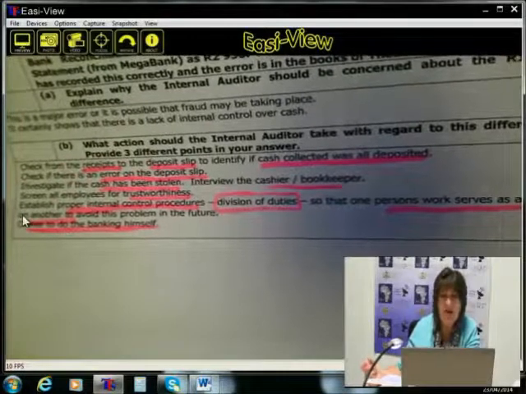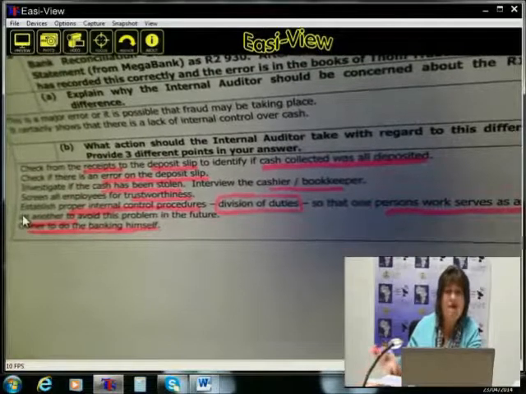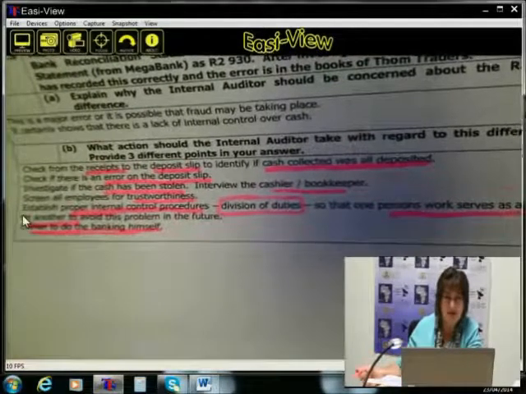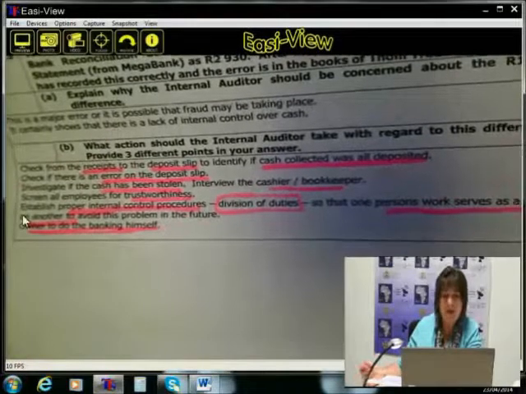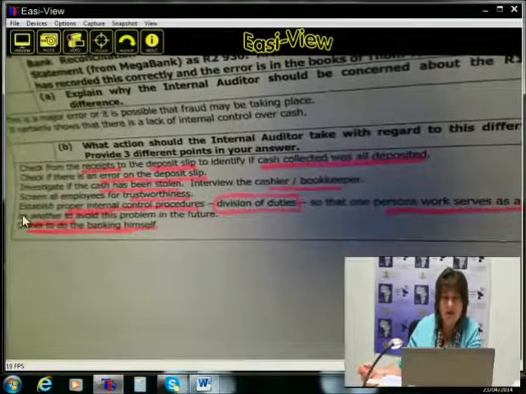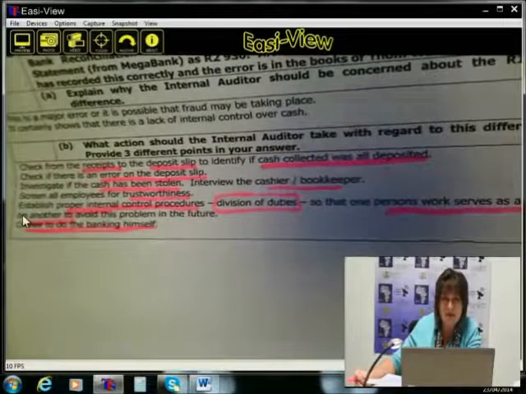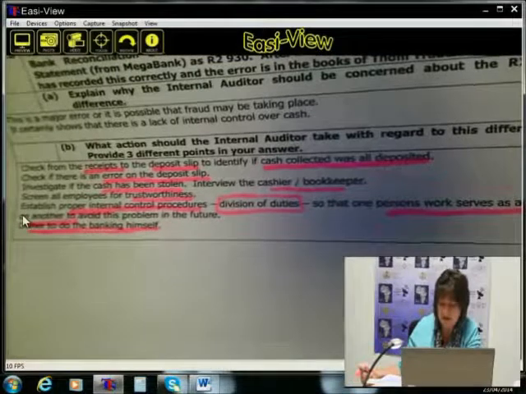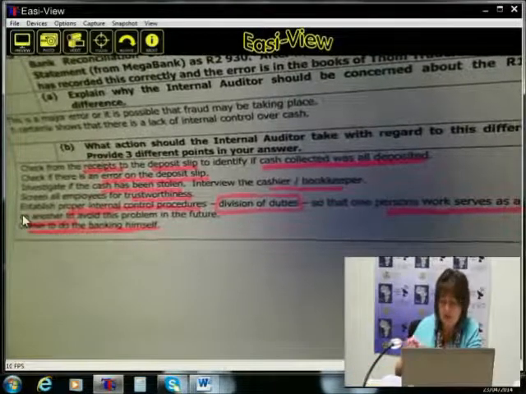But it wasn't, because in this case, the bank statement was correct. What if our books was correct and the bank statement was wrong? Then you can say, okay, maybe the cash was stolen. But you cannot say the cash was stolen if the amount on the bank statement, which is the smaller amount, is correct. But if you've got that problem, interview the bookkeeper.